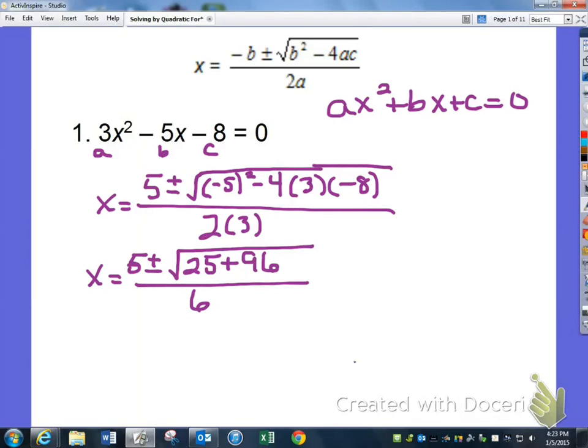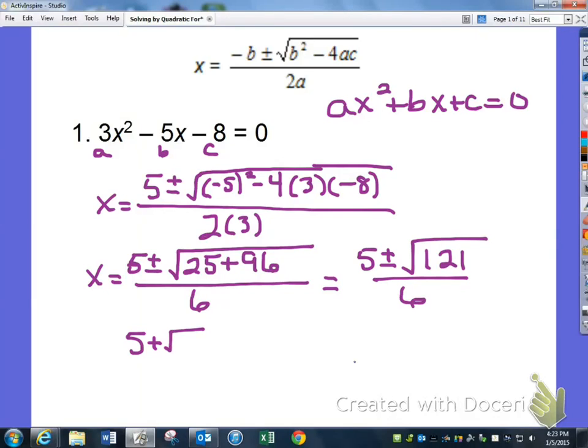Let's add 25 and 96, and we end up with 5 plus or minus the square root of 121 over 6. Okay, and at this point, this is where I'm going to do two problems. I am going to do 5 plus the square root of 121 over 6, and 5 minus the square root of 121 over 6.